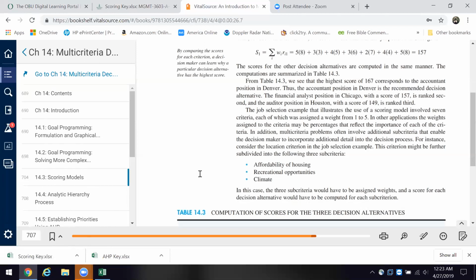It would be up to you to determine what summary statistic, for example, you might use to make the decision. Or even if you said, well, I'm going to use the range, the high and the low, well, if the highest is the one you're after, then fine.